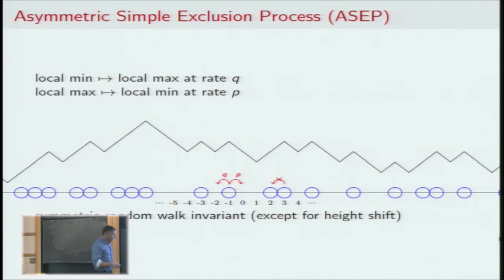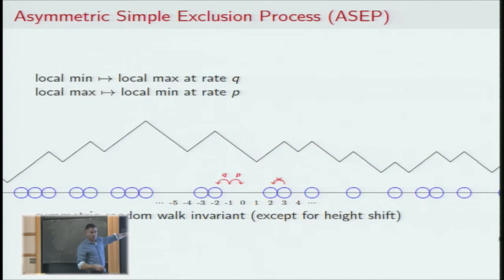What the particles are going to do is that they're going to try to jump to the left with rate q and to the right with rate p, and let's assume that q plus p is 1. Okay? But q shouldn't be equal to p. And of course, when the particle jumps, the height thing will shift up. So there it goes. It jumps, goes up. So you could just as well think of it as these guys jump to these guys at rate p, and these guys jump to these guys at rate q.